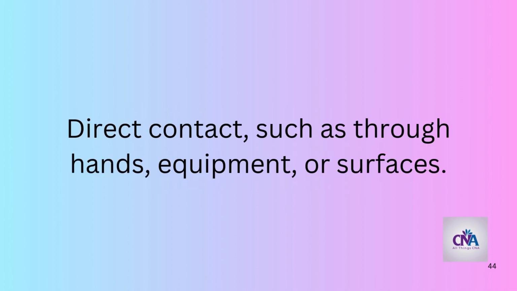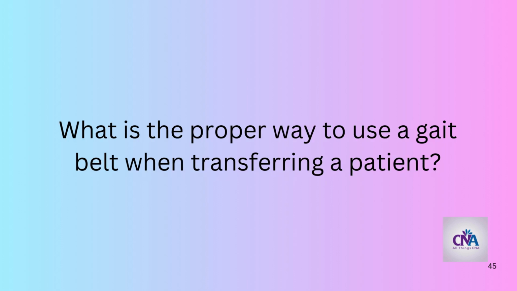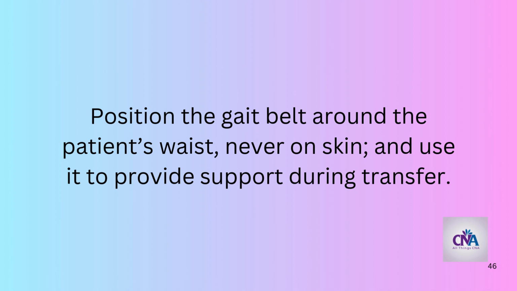Answer: Direct contact, such as through hands, equipment, or surfaces. Question: What is the proper way to use a gait belt when transferring a patient? Answer: Position the gait belt around the patient's waist, never on skin, and use it to provide support during transfer.